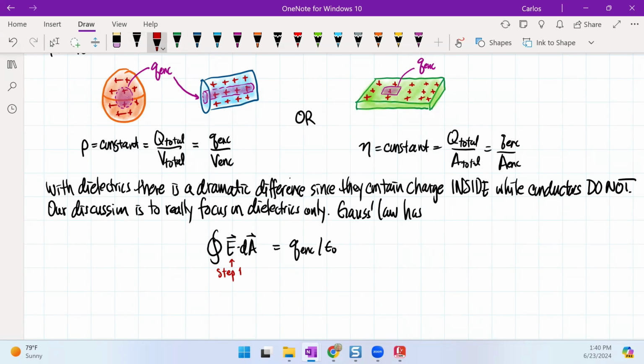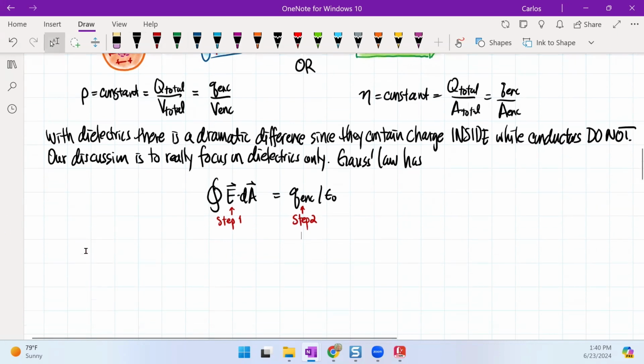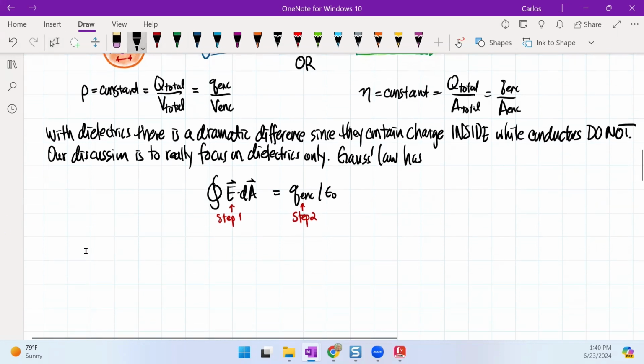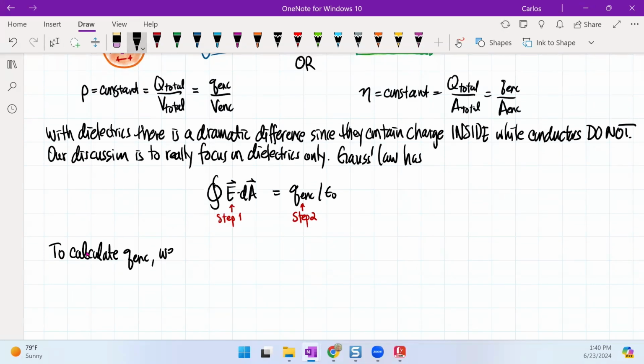And so our goal here is to now do this, step two. To calculate Q enclosed, we will pick two Gaussians.